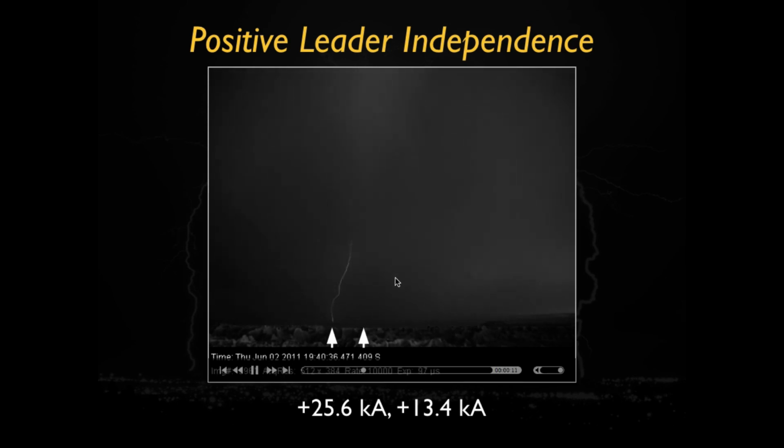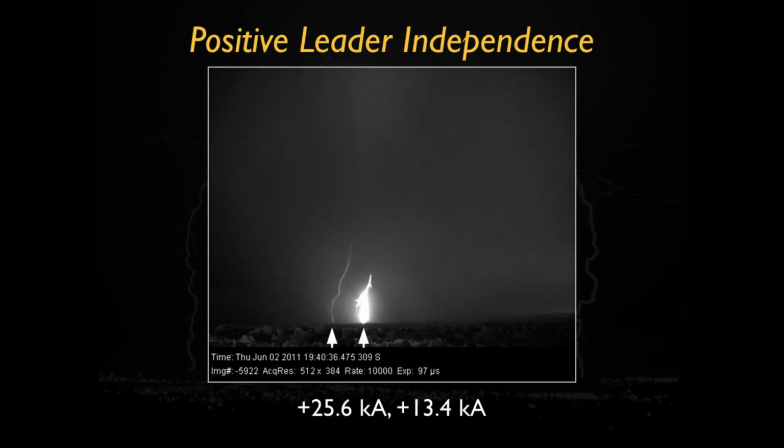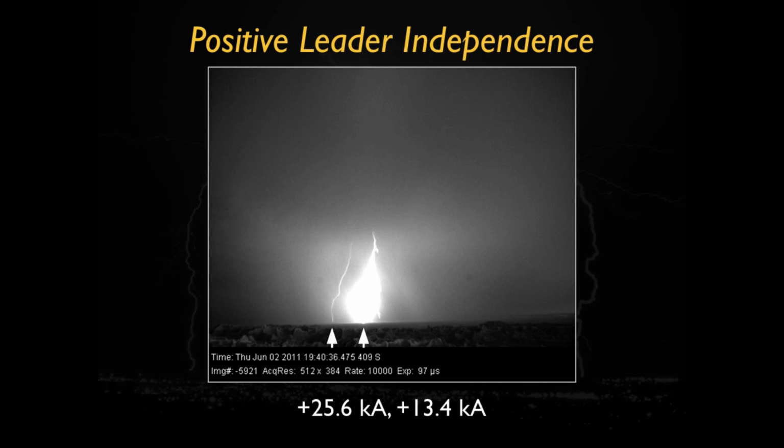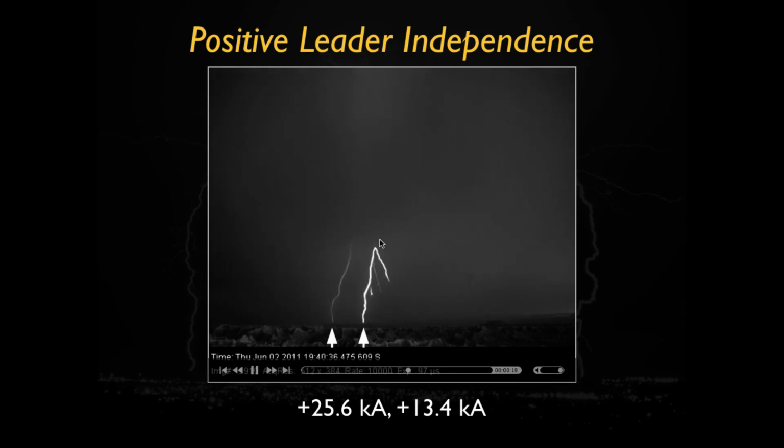And then this branch makes a connection later. Notice that the luminosity does go up, but does not go all the way back up into the main channel. And this was recorded at an estimated peak current of 13.4 kiloamps.